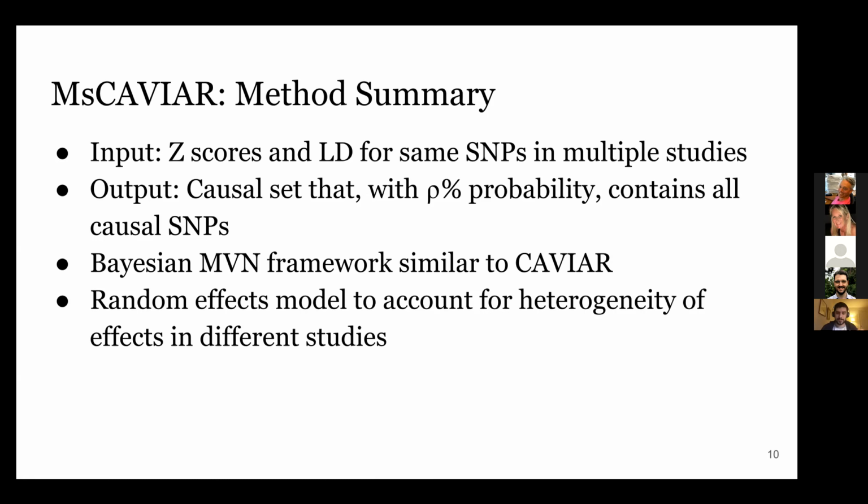Again, this does not mean that every SNP in the set we return is causal. And we use this Bayesian multivariate normal framework similar to CAVIAR that I illustrated, but on top of that, we have this random effects model that allows us to account for the heterogeneity of effect sizes in different studies.